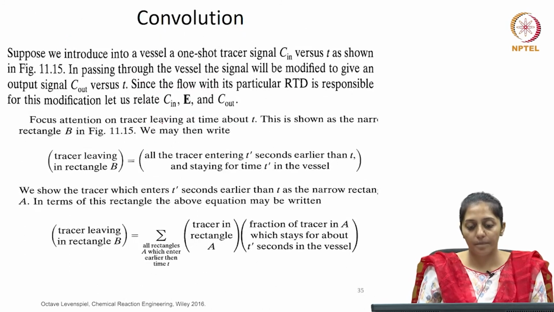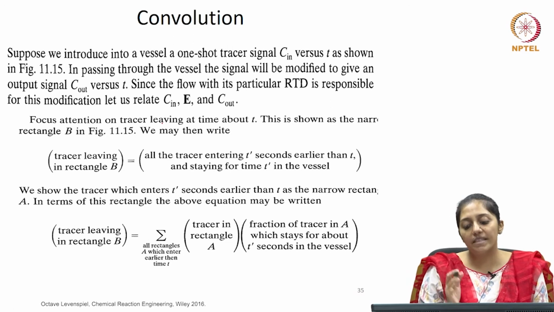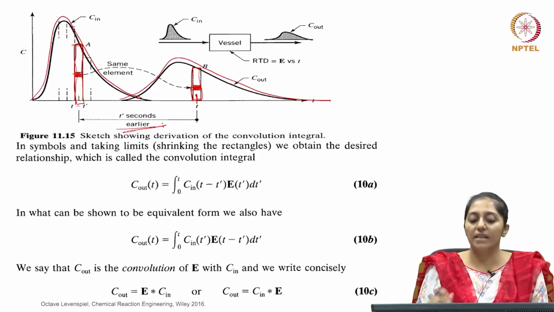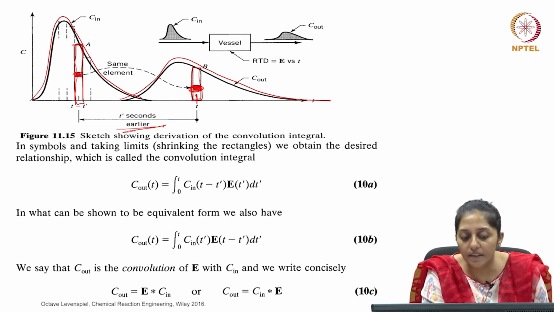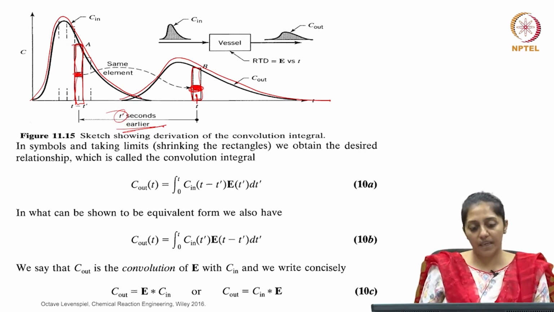So I'll repeat, all the tracer entering t prime seconds earlier than t and staying for t prime in the vessel. So whatever tracer we measure here at time t is nothing but all the tracer which must have entered the reactor before t prime seconds and which must have stayed in the reactor for t prime seconds.